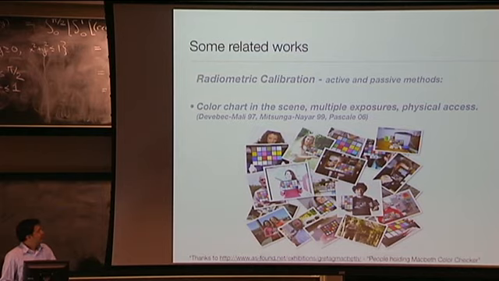On the side of radiometric calibration, we can classify the approaches into two groups. The methods that require a physical interaction with the scene, we call these the active methods. For example, when we include a color chart in the scene, or taking multiple images with different exposure and then computing the CRF, the camera radiometric function.